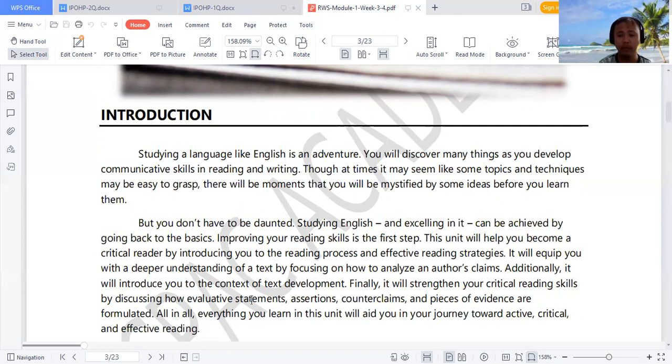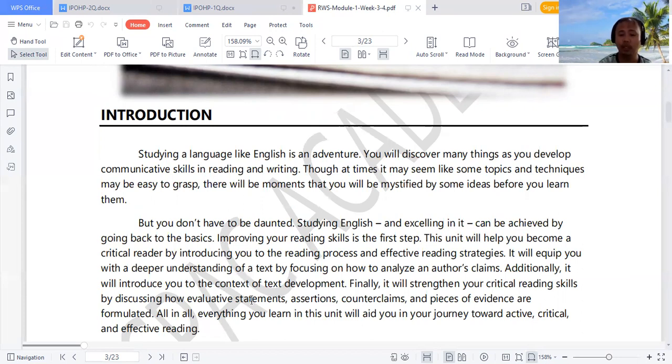This unit will help you become a critical reader by introducing you to the reading process and effective reading strategies. It will equip you with a deeper understanding of a text by focusing on how to analyze an author's claims. Additionally, it will introduce you to the context of text development.